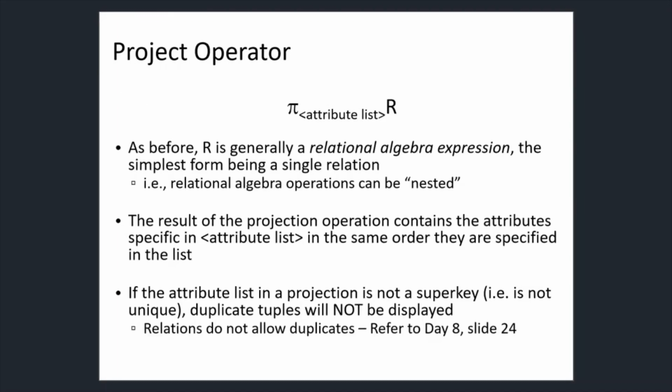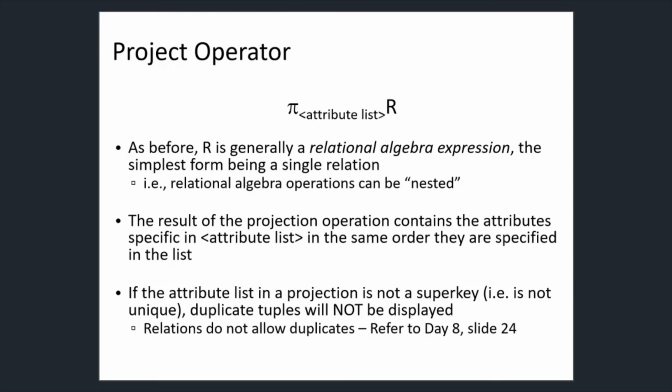The syntax for the project operator is very similar to the syntax for the select operator. In this case, we have R, which is a relational algebra expression, the most simple form of which is a single relation. But we may use multiple relations if we need to.